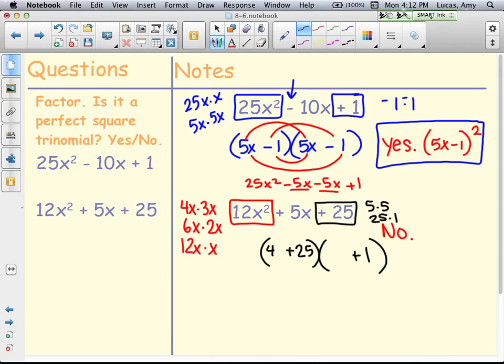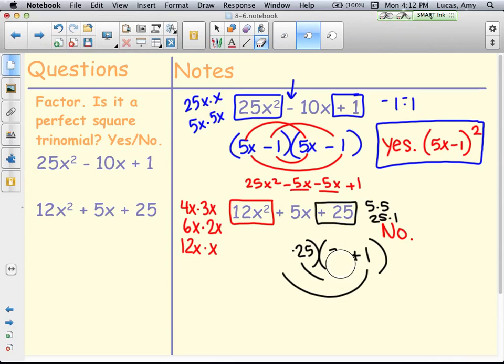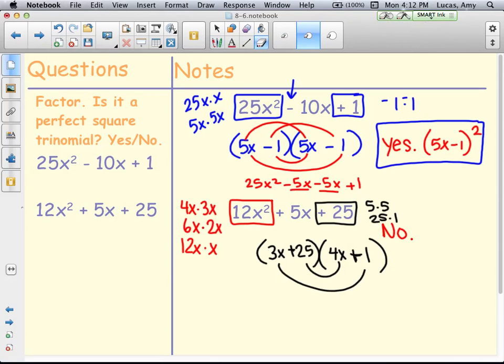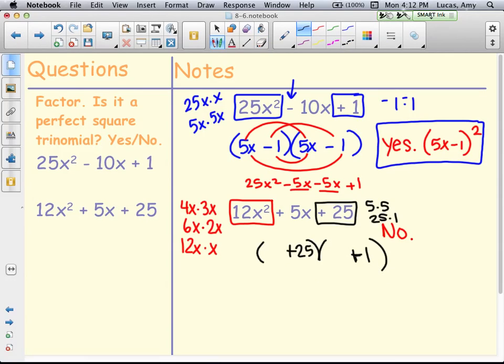So if I try all of my combinations with 25 and 1, 75 and 4x. If I reverse those, that wouldn't matter. So if I put 3x and 4x, this is 100x and 3x, so that won't work. 6x and 2x, 50 and 6, that doesn't work.